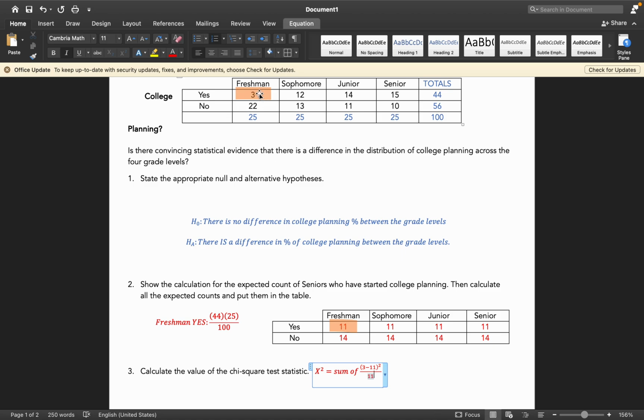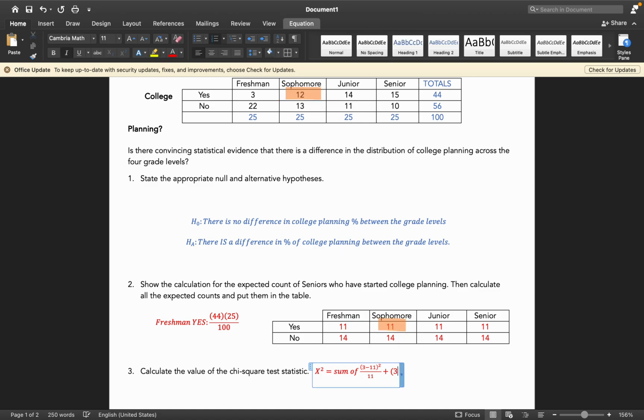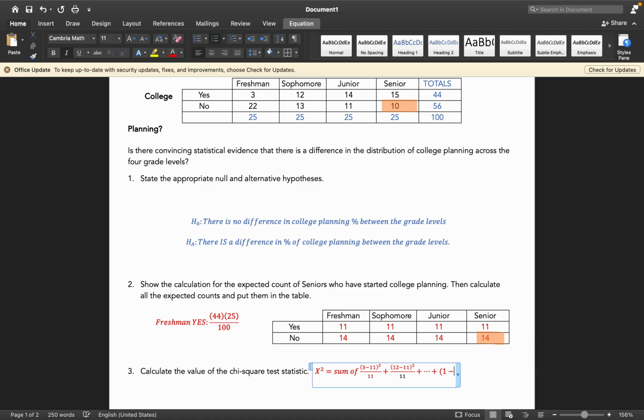So it's observed minus expected squared over expected. And then I'm going to do the same thing with the sophomores: 12 minus 11 squared over 11 plus, and then I'll keep doing that until I get to my very last one, which is the bottom right corner: 10 minus 14 squared over 14.